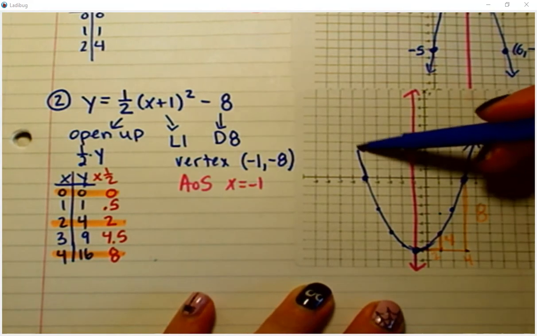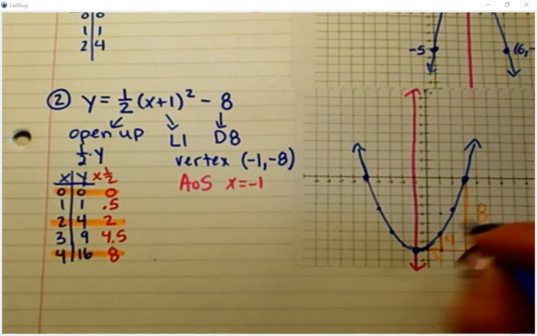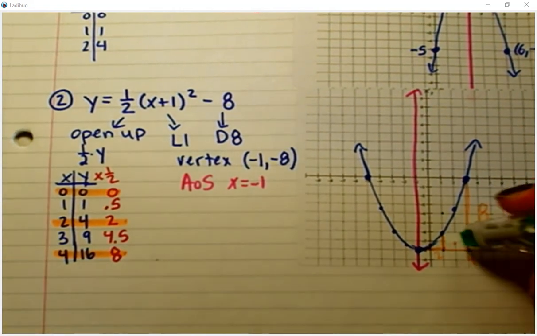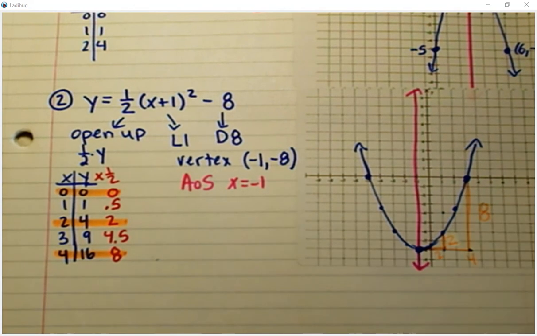Nice, smooth, concave up. Wait, why did you write 4 next to the, so it only goes up 2? This was 2, oh. Very nice, thank you. 2, 2. There you go.